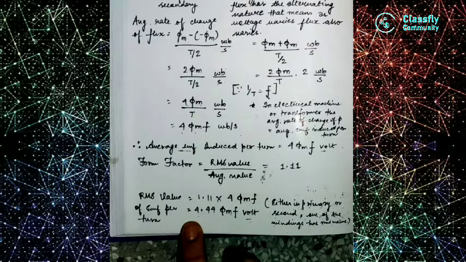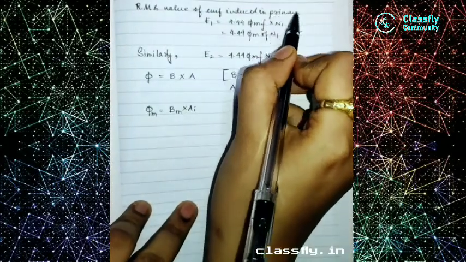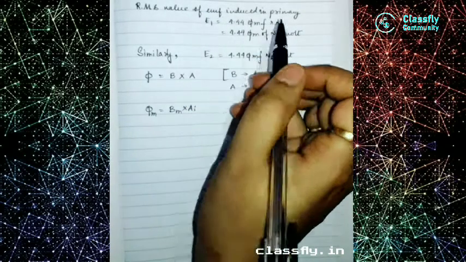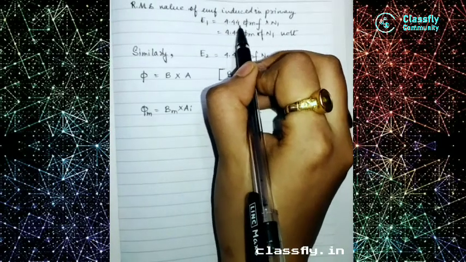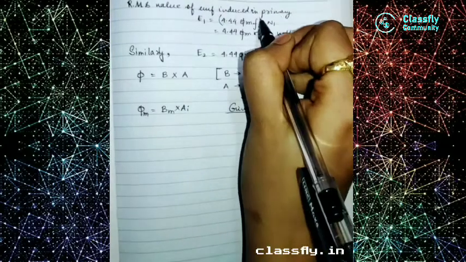So now we will find the RMS value of EMF induced in the primary side as well as the secondary side. See, the RMS value of EMF induced in primary, we can denote it as E1, and we know that the RMS value we have is 4.44 phi mf.